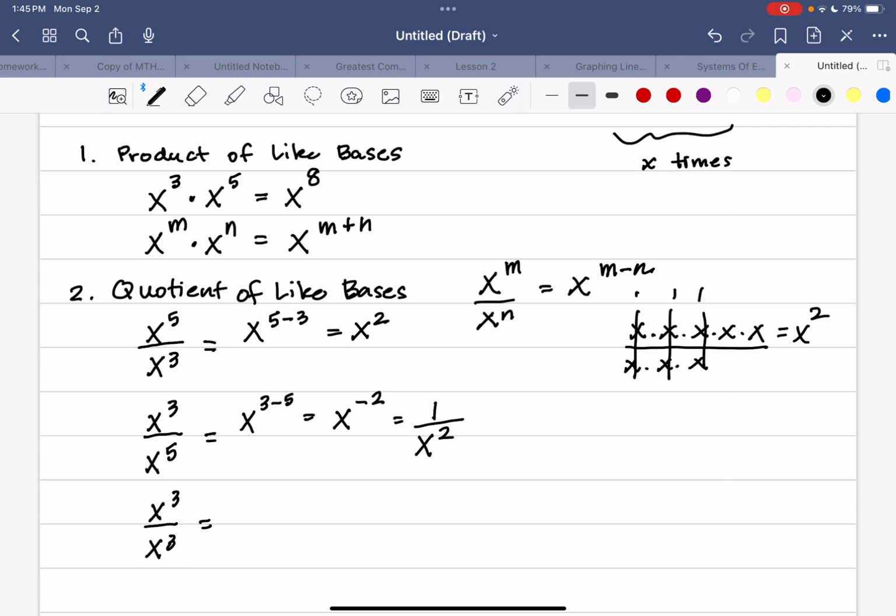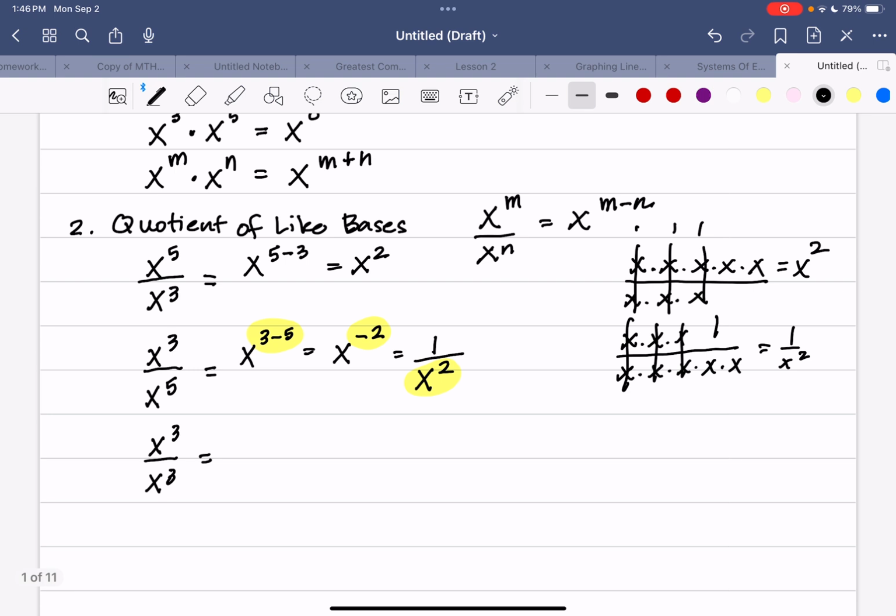So it's the same rule, but a negative exponent is going to end up in the denominator. So watch. X times x times x over 5 bases of x multiplied. Again, we divide these out, we get a 1 over x squared. Well, when we subtract, we get a negative number, and all the negative number means is move the base to the denominator. And that's going to be a separate rule in just a minute.